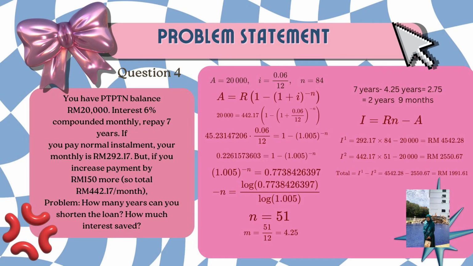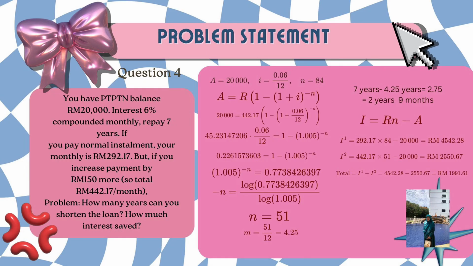And in this question, we use the formula A equals R. So here we use formula A, which is A equals R, bracket 1 minus 1 plus I, bracket negative N, divided by I. In this question, we must use R2 because we want to know how many years we can shorten the loan.